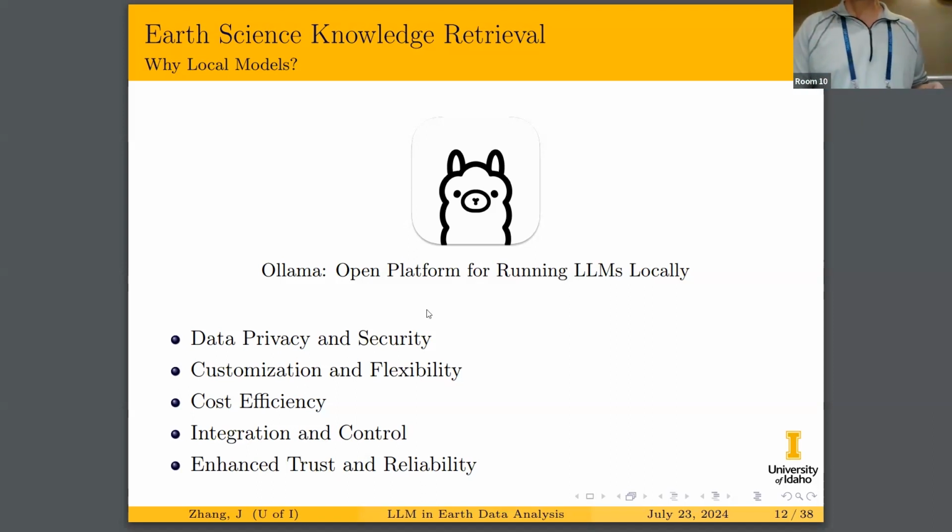But if we can match the performance of the online service by running our local model, we can gain such advantages. Say, we can keep our data private and in a secure situation. And one of the most important parts is cost efficiency.